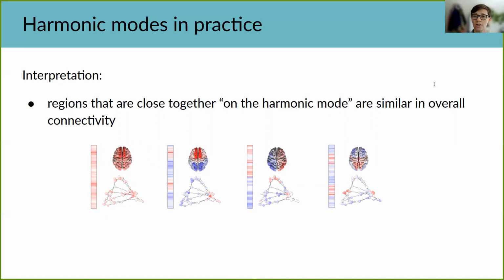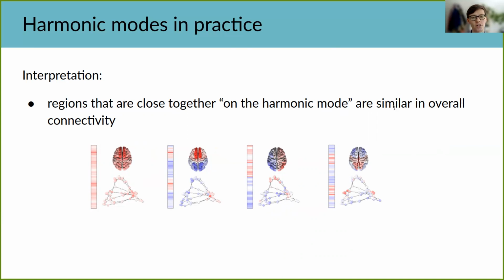So the thing that matters is just the distance between the points as defined on this harmonic mode. So you can take any two brain regions in this vector and compute the difference between them. And this will tell you how different these two brain regions are in terms of their connectivity, depending on what kind of connectivity you used, of course.